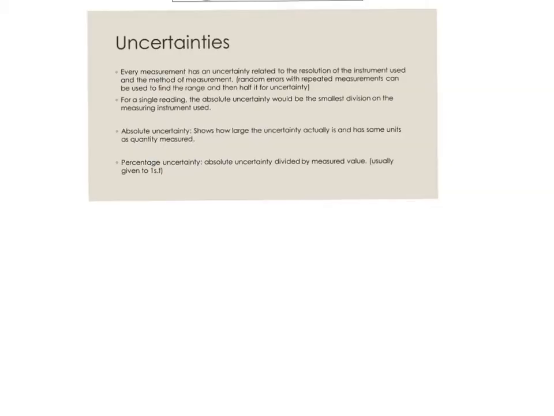And the next part is uncertainties. When we talk about uncertainties, they always relate to a measurement that we take. When you use your ruler to measure a specific length, you always have an uncertainty associated with the measurement you take. Let's say you measure the length of your pencil case, and it is 15.6 centimeters. Obviously, you can't say it's exactly 15.6 centimeters just because that's what you saw and measured.